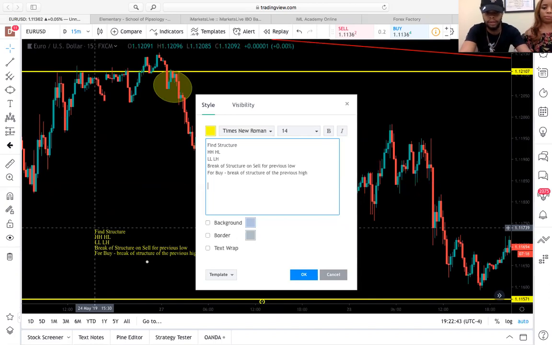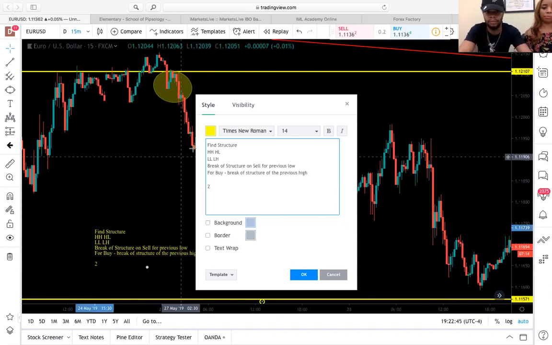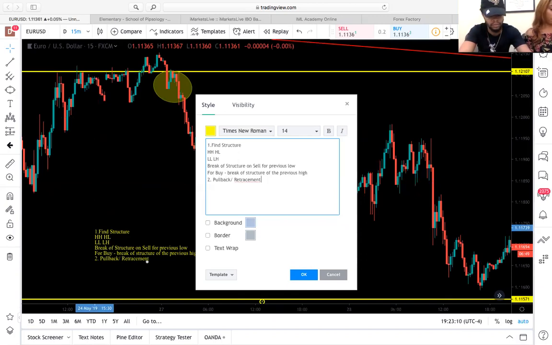So this is the first step. Your second step would be a pullback. You want to see a valid pullback, a pullback or retracement.